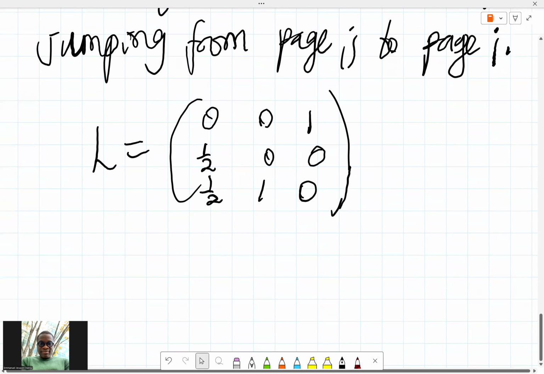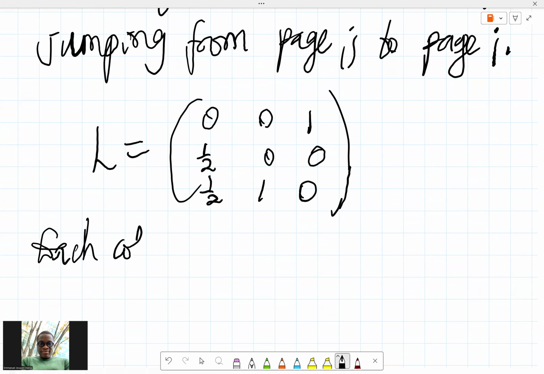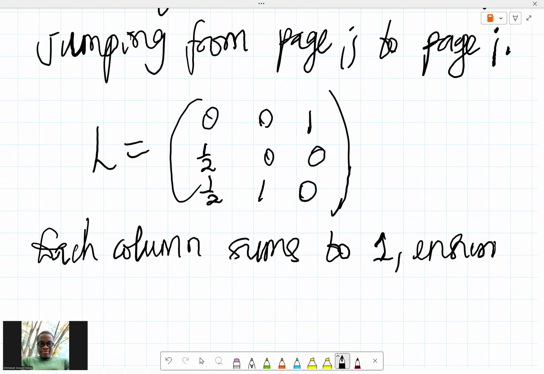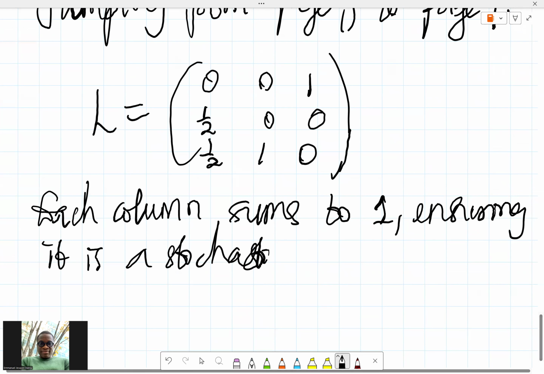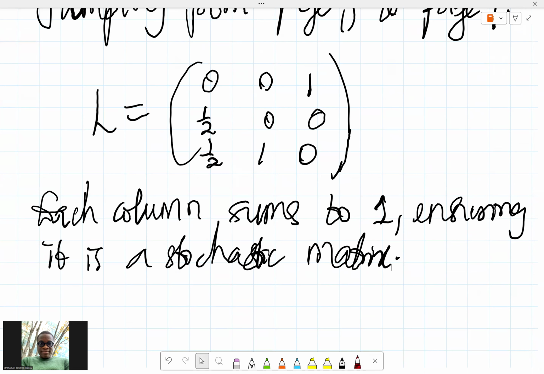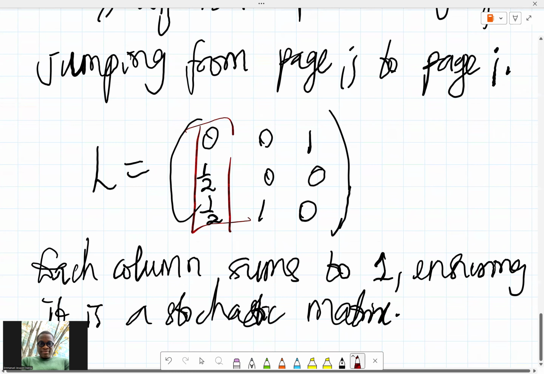So you discover that each column sums to 1. Each column has to sum to 1, ensuring it is a stochastic matrix. As you can see, 0 plus half is half, 0 plus 0 plus 1 is 1, 1 plus 0 plus 0 is 1.